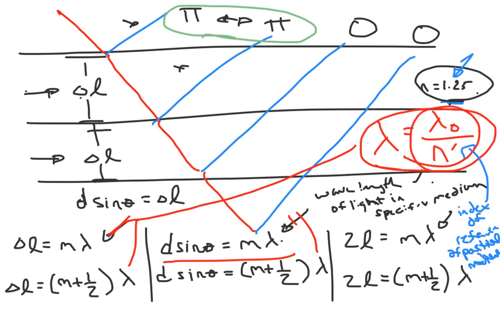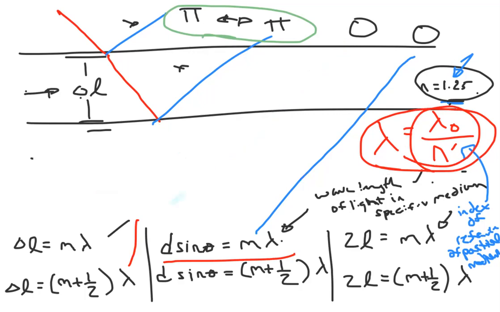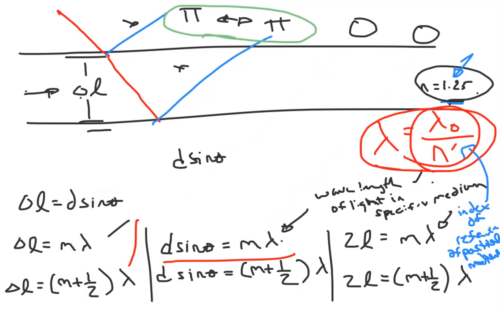I'll give you one example. Right here, you could say d sine theta is equal to m times lambda naught over n prime, okay?